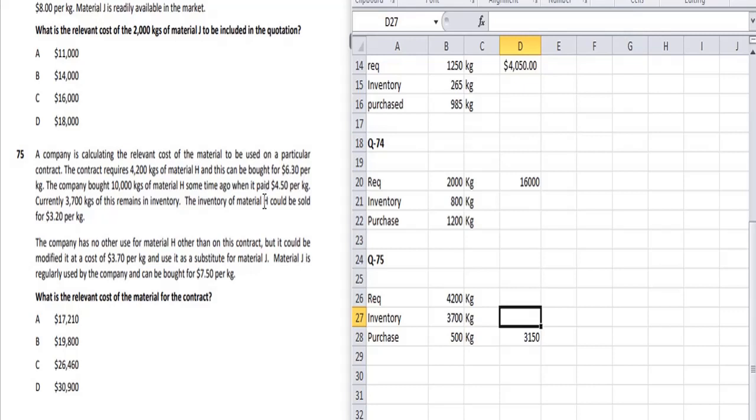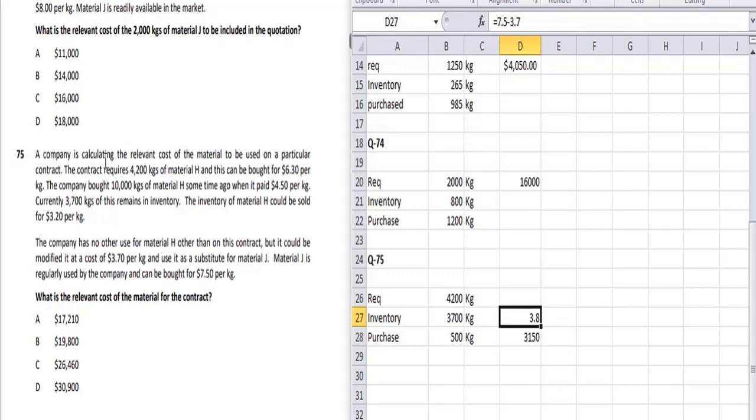So disposal value has been given as 3.20. It also has an alternative use, but we need to modify it, and the modification cost will be 7.50 minus 3.70, so 3.80.